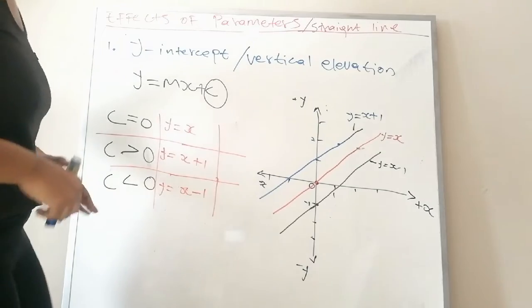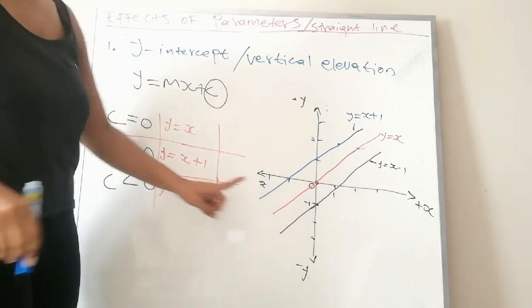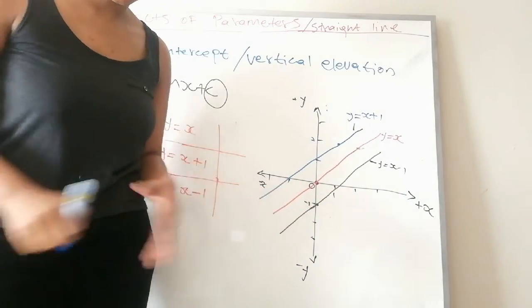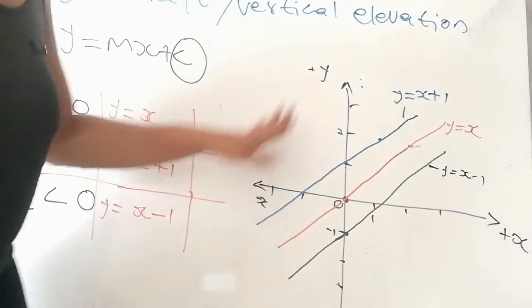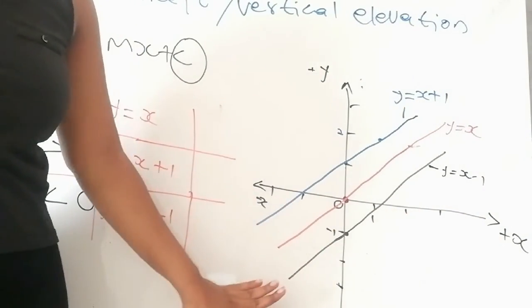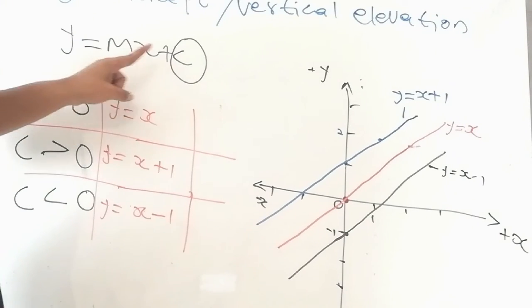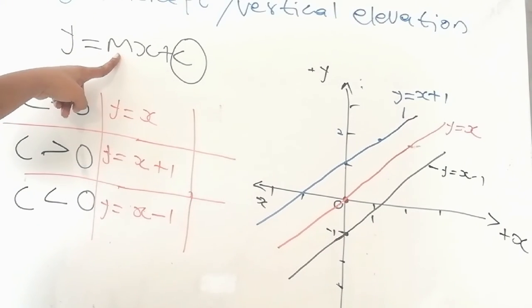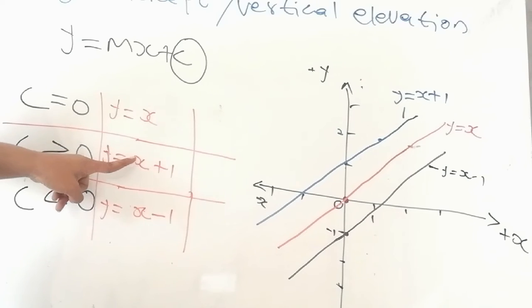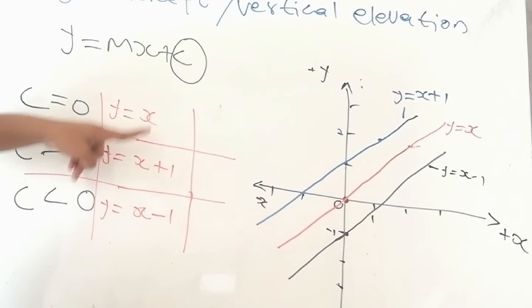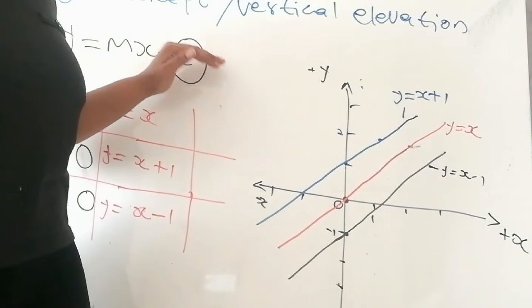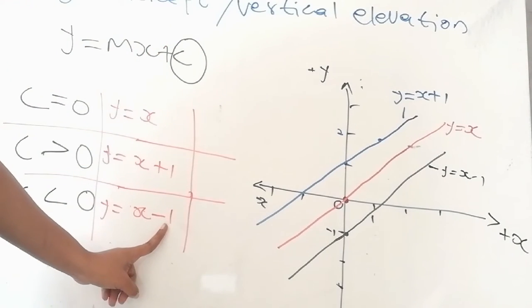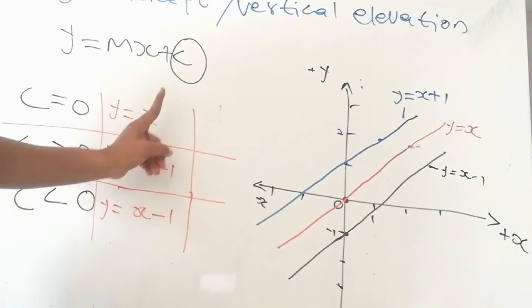You get to see that, looking at the graphical representation of these functions, they have the same gradient, which is your m. Your m is kept constant at 1, and you have different c components.